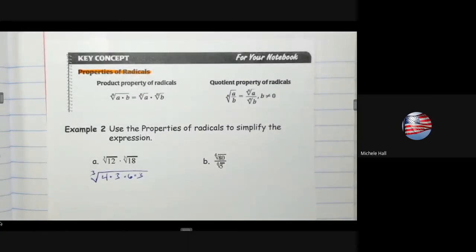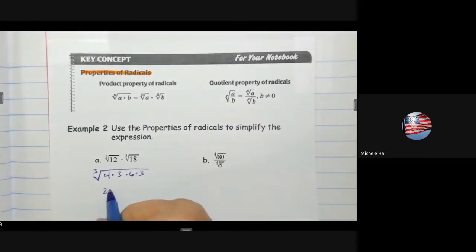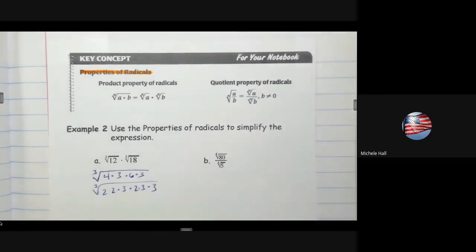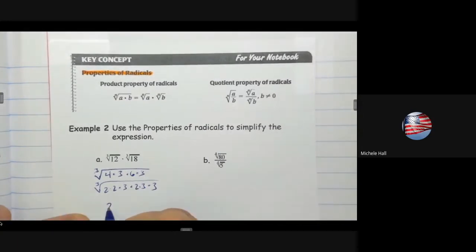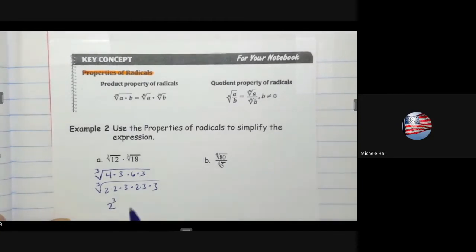And again, if I continue to break that down, that would be 2 times 2 for the 4, and then 2 times 3 for the 6. And now I can really see all of the prime numbers and how many of them I have. I want 3 of them. So I'd like to group them together by 3s. Let's see, I have 1, 2, 3 2s, that's 2 cubed. And then I have 1, 2, 3, 3 3s.